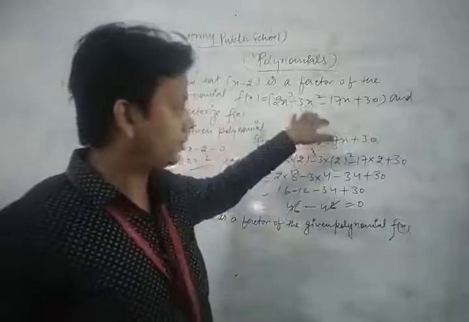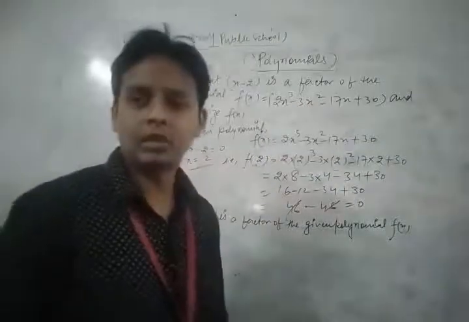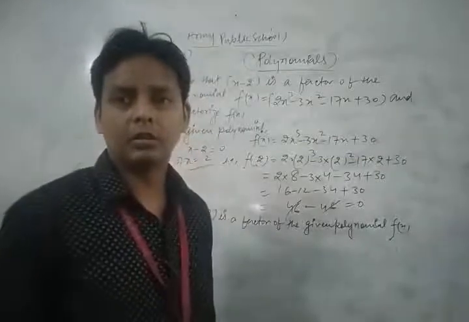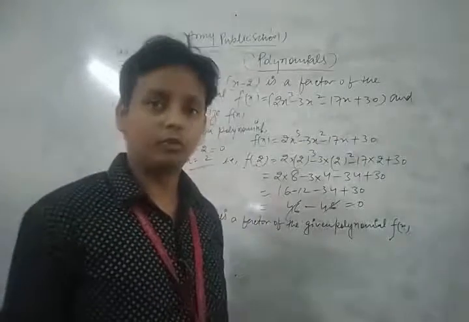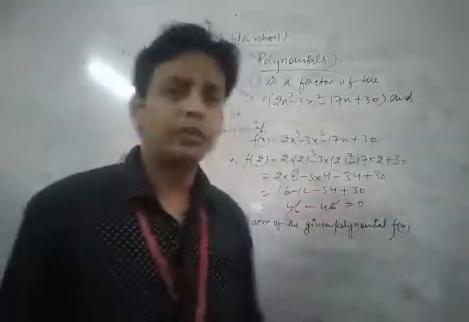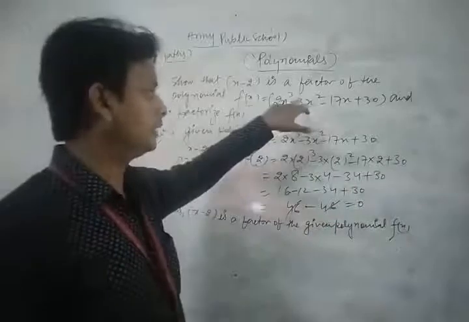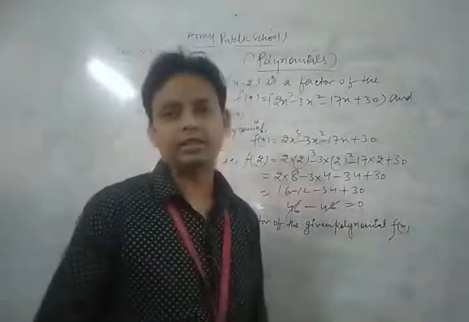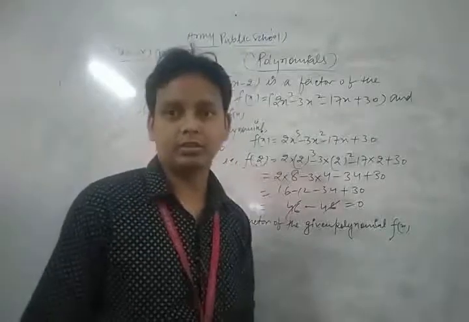Now we factorize that polynomial. To factorize that polynomial, we just divide the given polynomial by x minus 2, and after that we get the remainder 0 because it is a factor of the given polynomial.